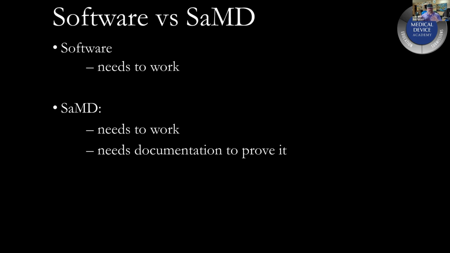So I say to people, if you're developing software, it needs to work, but you also need documentation to prove it works. One of the things I've been trying to teach people is that in your Scrum team meetings, your backlog should include the documentation. You do not have to review and approve it and bless it and make it holy. You just need to have it as a draft, just like the software.